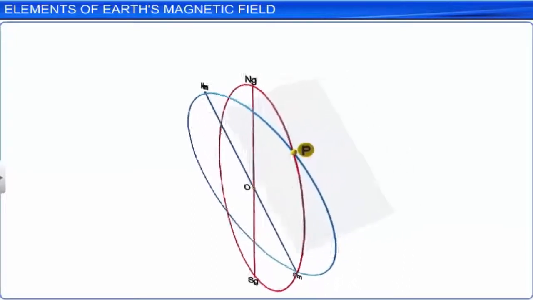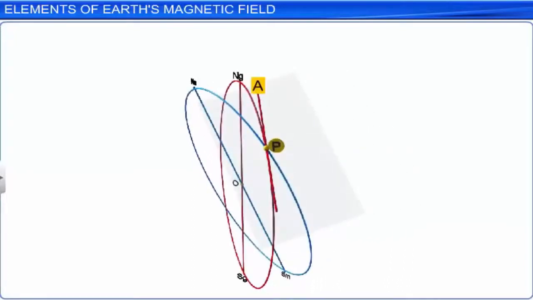Draw a tangent PA to the geographic meridian circle at point P. PA lies on the tangent plane and represents the geographic north-south direction. Draw a tangent PB to the magnetic meridian circle at point P. PB also lies on the tangent plane, but represents the magnetic north-south direction.